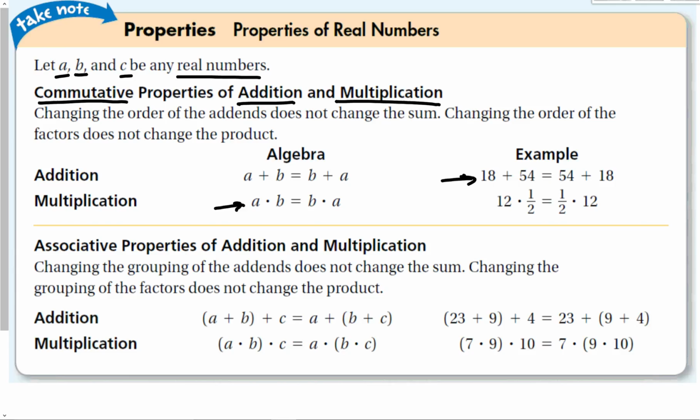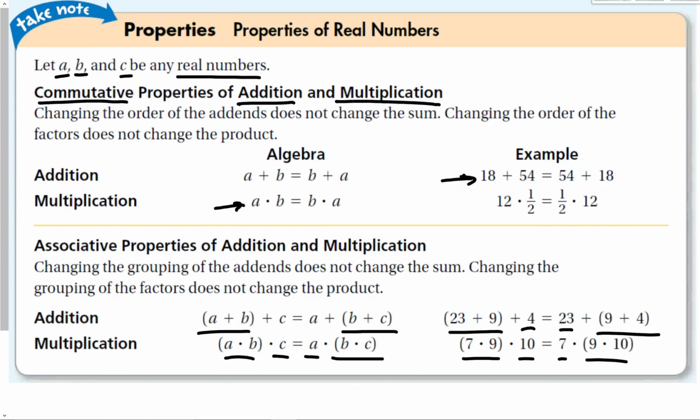So notice the difference here in that inside the parentheses we have A plus B, while on the right side we have B plus C. Okay, so the stuff inside the parentheses is what's changing. In my example, we have 23 plus 9 plus 4 is the same thing as 23, notice now on the outside, and 9 plus 4 together. Multiplication works the same way, where we can have A times B times C is equal to A times B times C, or 7 times 9 times 10 is equal to 7 times 9 times 10.